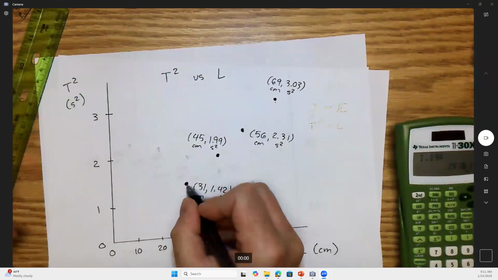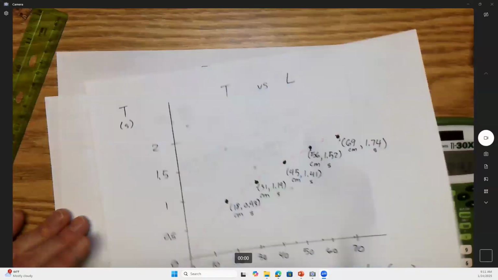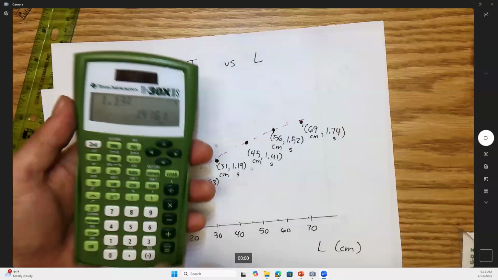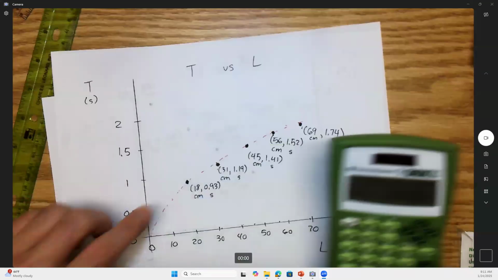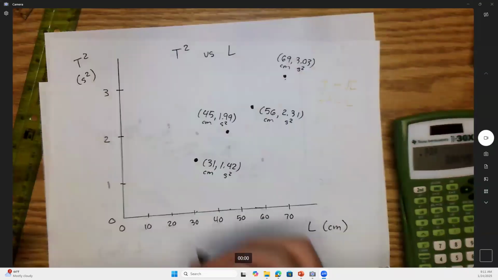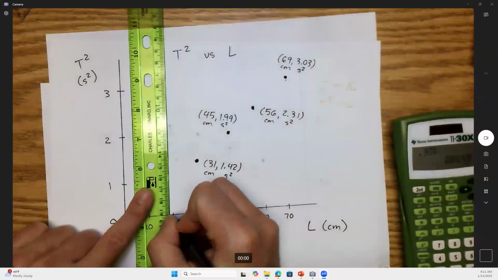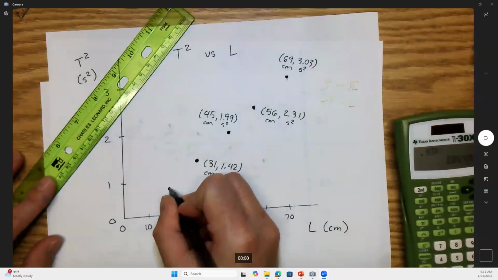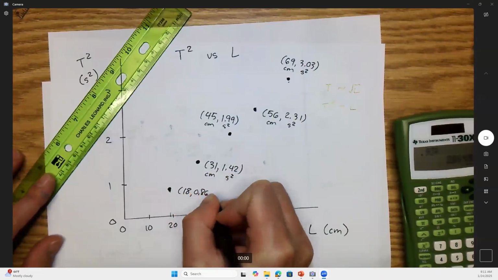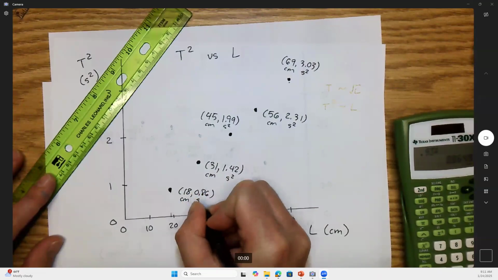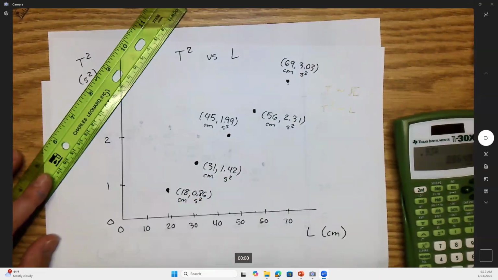Then let's see, 0.93 squared, it's like 0.86. So 18, 0.86, right about there. 0.86 centimeters square seconds.